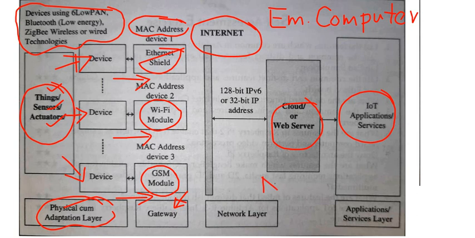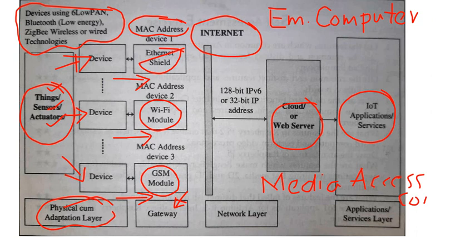So each network node which is connected in the network will have a media access control address, right? So basically a device node receives the data stacks using its media access control address.